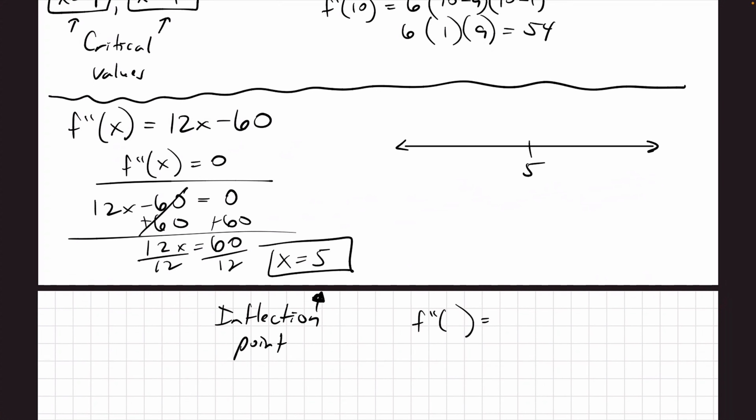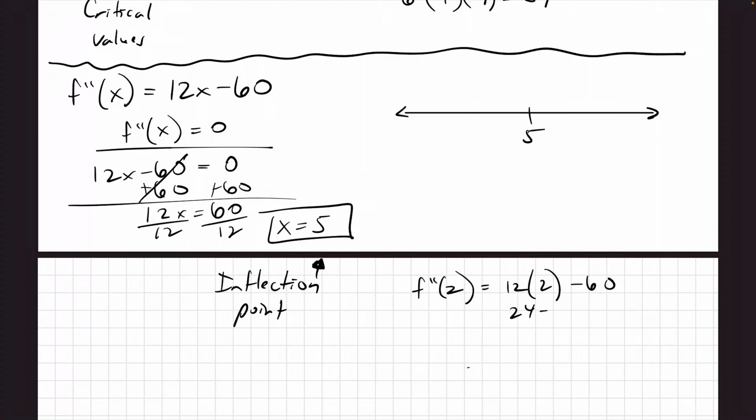Because I know my answer has to be between 1 and 9. So I want a number less than 5 but bigger than 1. 2, 3, 4, any of those will work. So 12 times 2 minus 60. 24 minus 60 is negative 36. I don't care what the number is, I just want to know the sign.